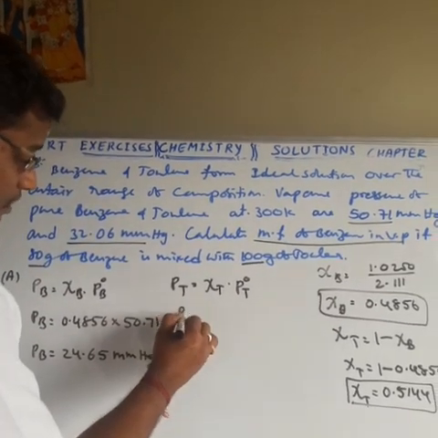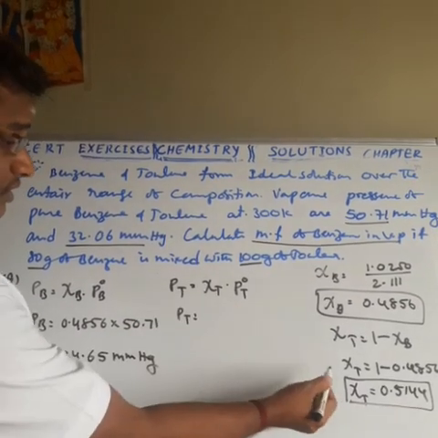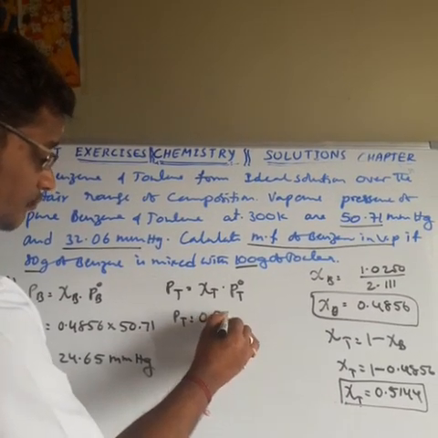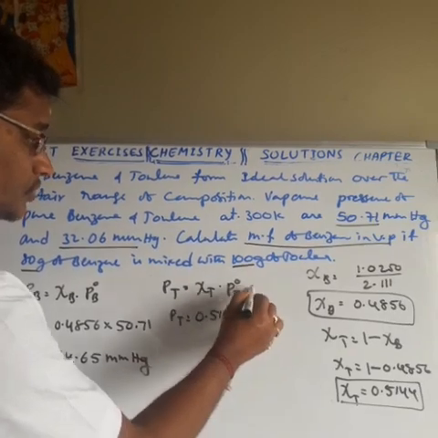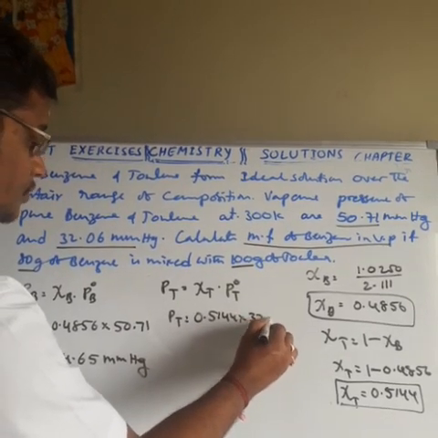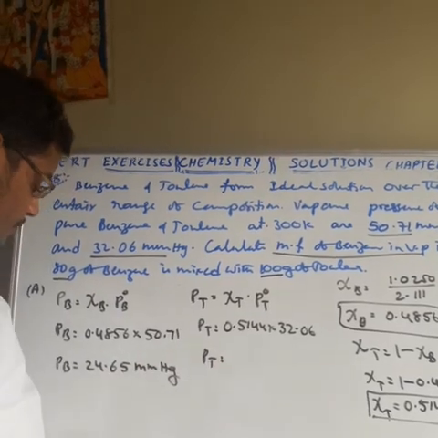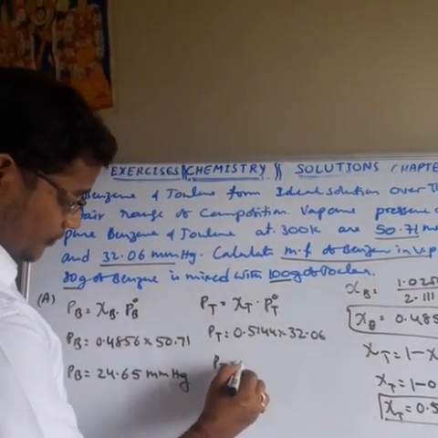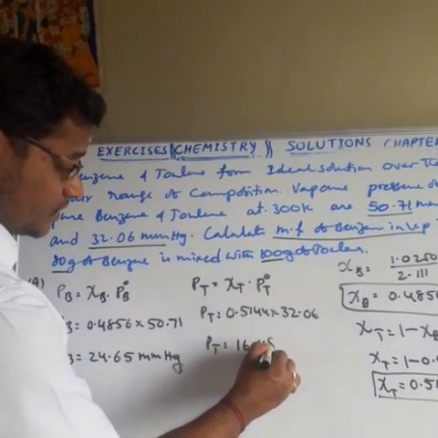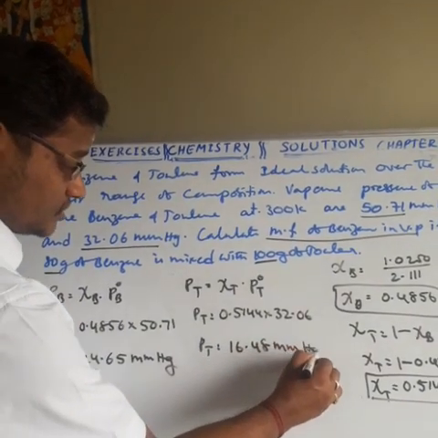Like that, for the partial pressure of toluene, mole fraction of toluene 0.5144 into 32.06 mm of Hg. Therefore, the partial pressure of toluene is equal to 16.48 mm of Hg.